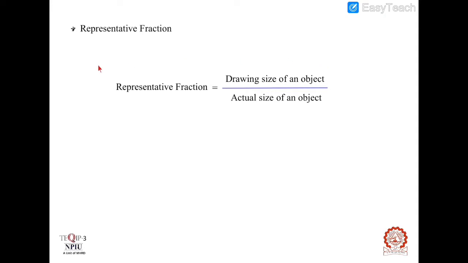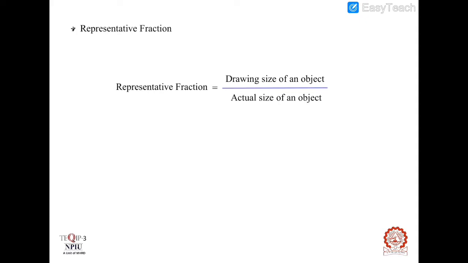This ratio is called representative fraction, meaning drawing size divided by its actual size. But remember, in representative fraction the units in the numerator and denominator should be the same.